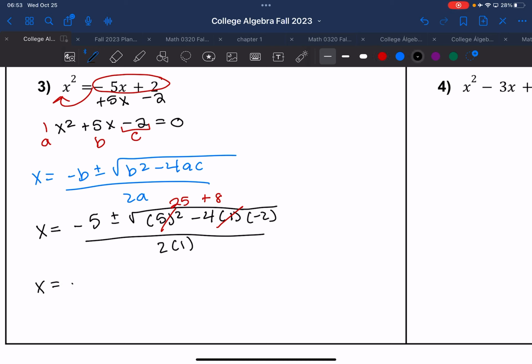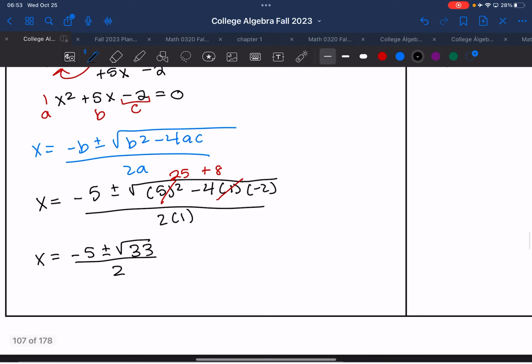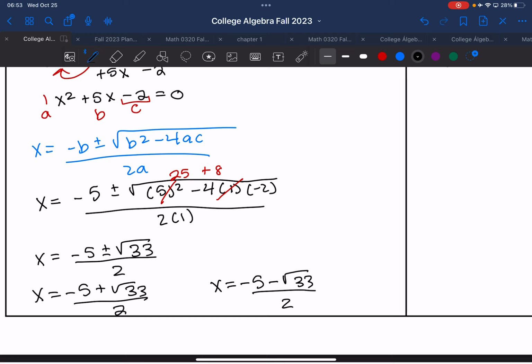So x is equal to negative 5 plus or minus the square root of 33 over 2. Once I have it this simplified, I now can split this into 2 answers. My first answer is going to be x is equal to negative 5 plus the square root of 33 divided by 2. And x is equal to negative 5 minus the square root of 33 divided by 2.